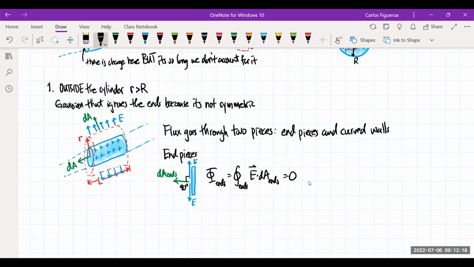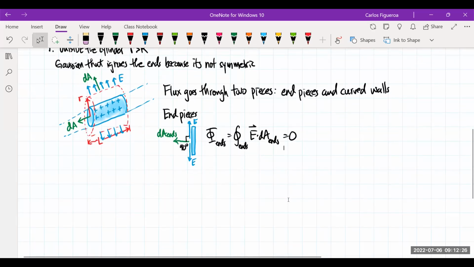There is no flux going through the Gaussian surface right there. So now that I got the end piece, then what I'm going to do here is that I'm going to focus on the curved walls now. So here's the end piece, here's the curved walls.